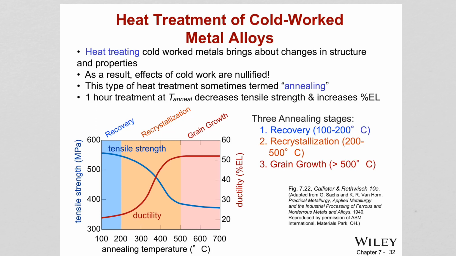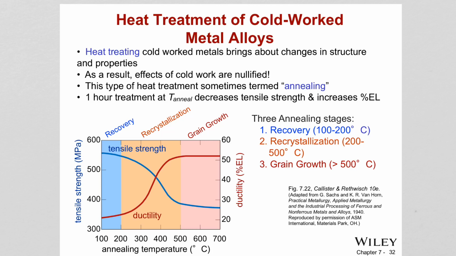In the recovery region, shown in blue, stresses are relieved. Because we are straining the material with cold work, those stresses are relieved at rather low annealing temperatures, as we start from room temperature and keep increasing. The first step that happens here is recovery. The strains inside the structure are relieved. And then the second stage, recrystallization, is the most important stage.